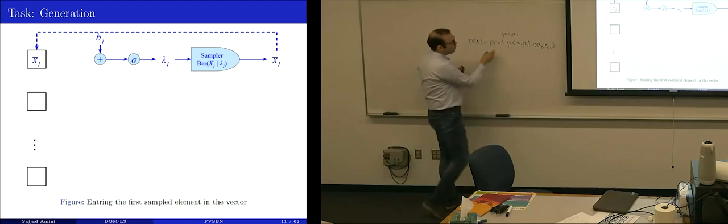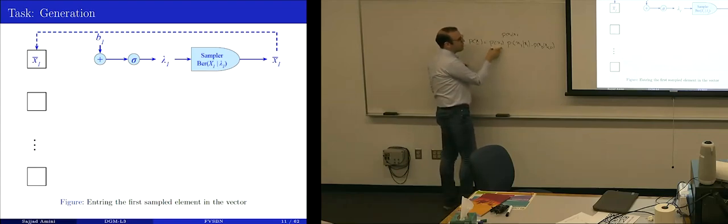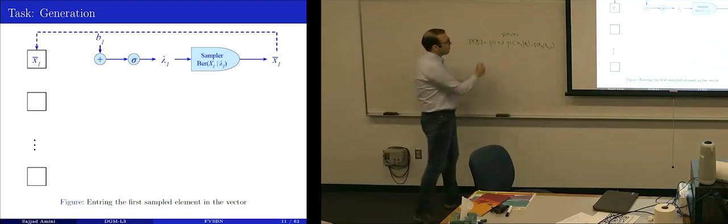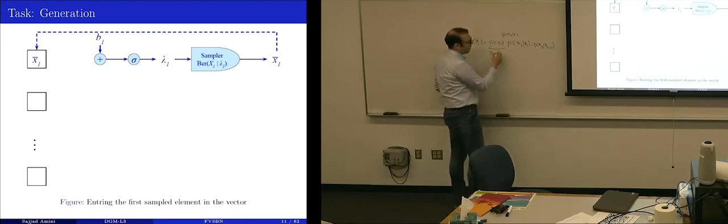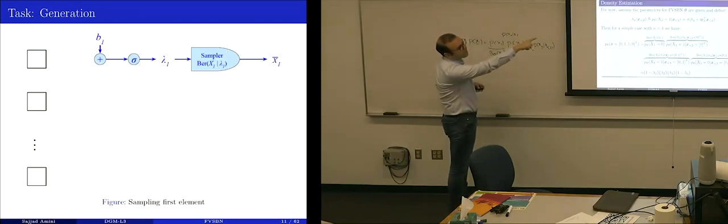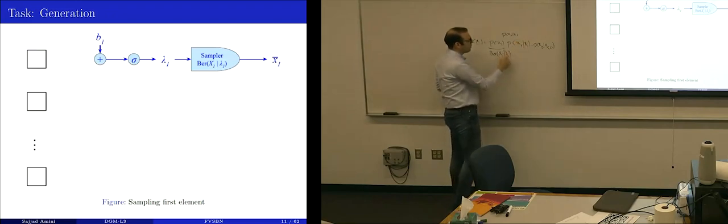So you know that the distribution over x1 is conditioned on nothing, and you have the parameter for this distribution because the model is given to you. Okay. So what is the distribution for the first element? We know that the distribution for the first element is a Bernoulli over the first random variable given the parameter. The parameter is here. The parameter is the lambda 1. So if you want one sample from this distribution, you can easily generate it. You generate it and name it x bar 1. This is your generated sample.